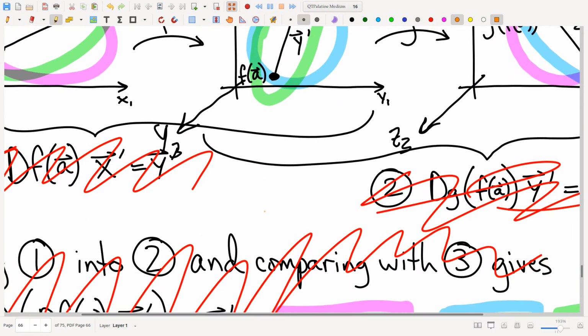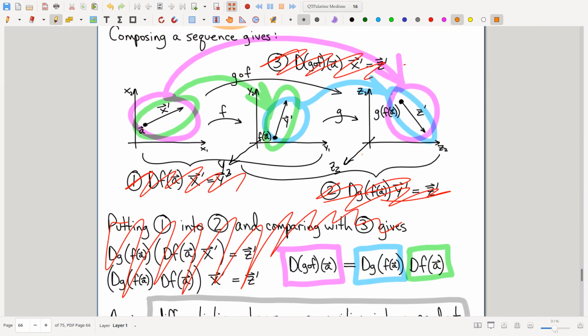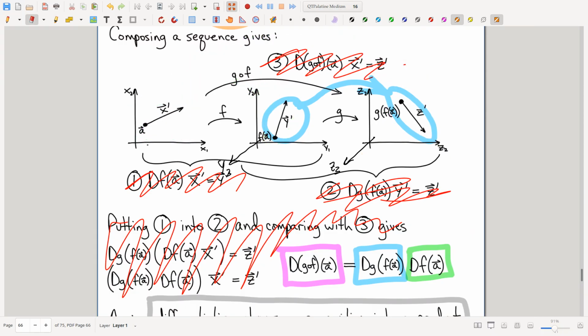Well, if you apply that to this result here, notice for this function, g, where we're at is not A. Where we're at is f of A. That's just where that function is.